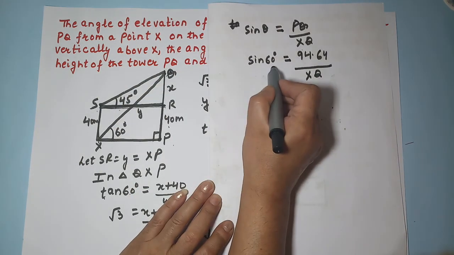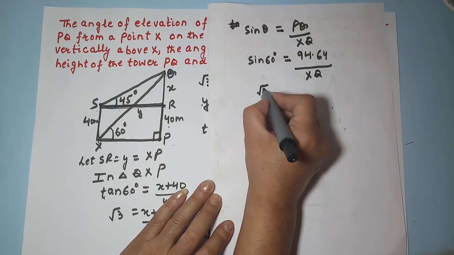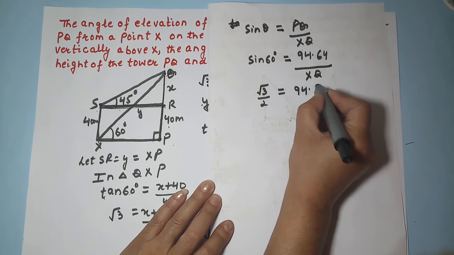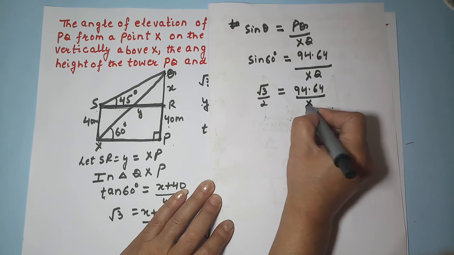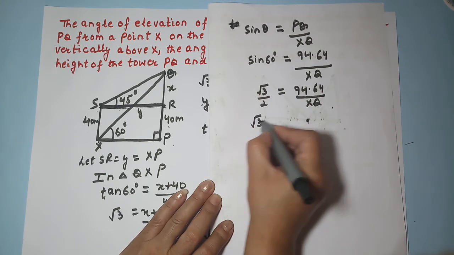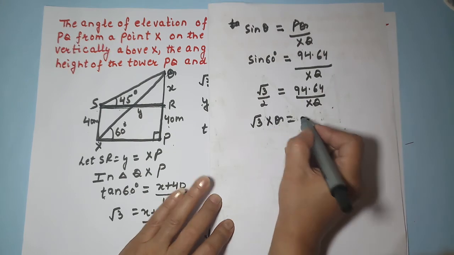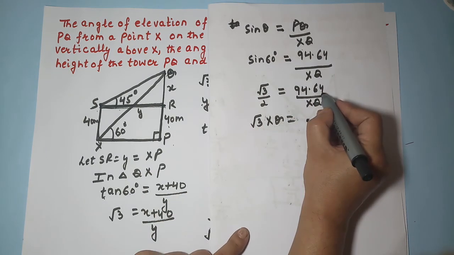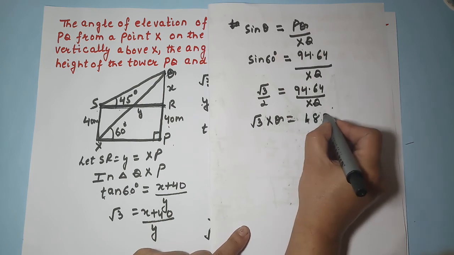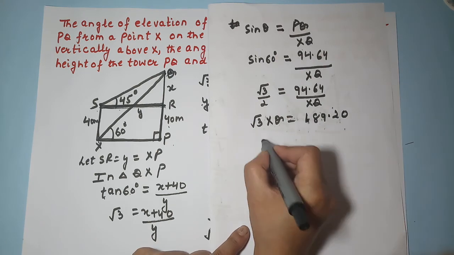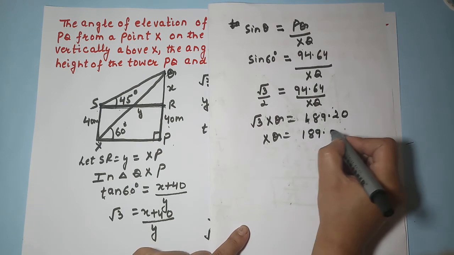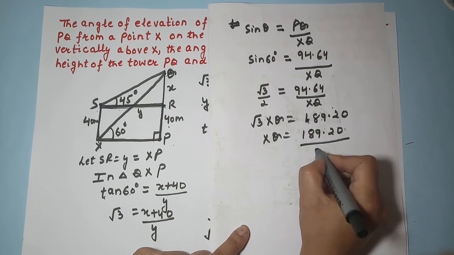Now sine 60 degrees is root 3 by 2, equal to 94.64 upon XQ. So if I cross multiply, I will get root 3 XQ is equal to, if I multiply, this will become 189.28. So my XQ will be 189.28 upon root 3.